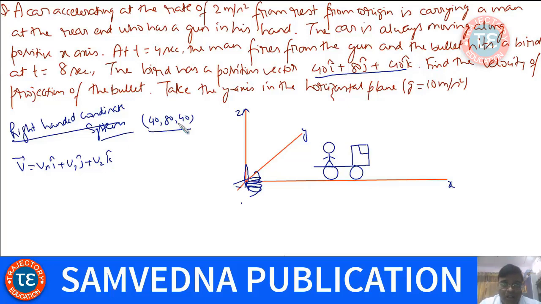The gun will also inherit all the velocity of the car, and hence the bullet will also inherit all the velocity of the car. This is the velocity of projection; then the actual velocity of the bullet with respect to an observer on the ground will be this plus the velocity of the car.